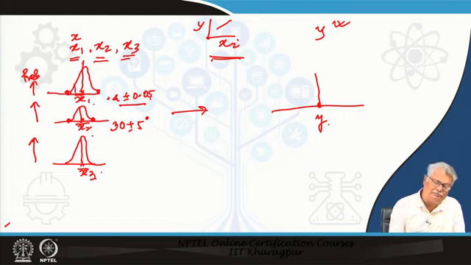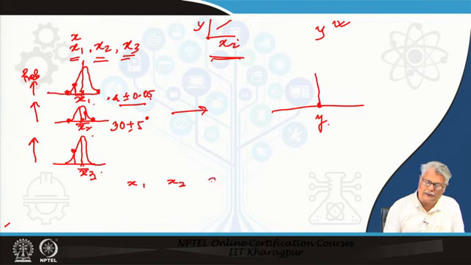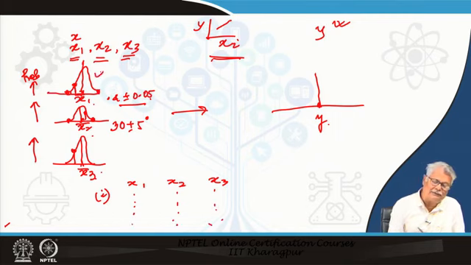One could be here, the second value x2 could be here, the third value x3 could be here. That means this is a combination of x1, x2 and x3, and if I randomly generate the values of these such that the standard deviation and the mean values are x1 bar, x2 bar and x3 bar as shown here, I will have a set of input data here.